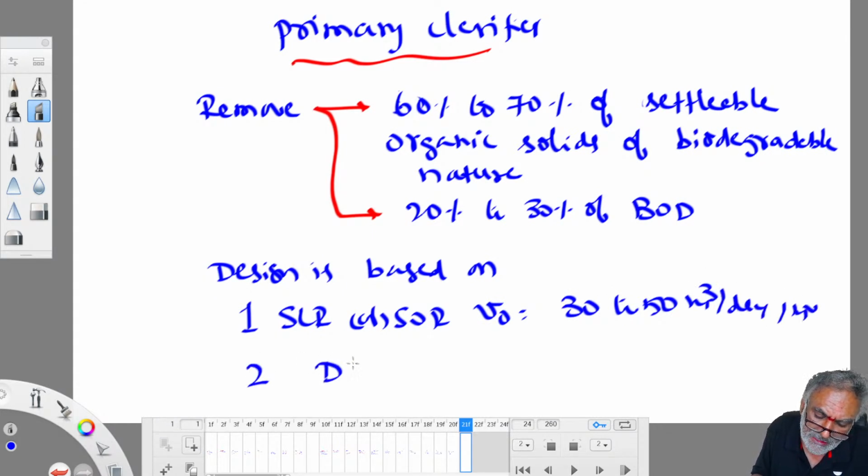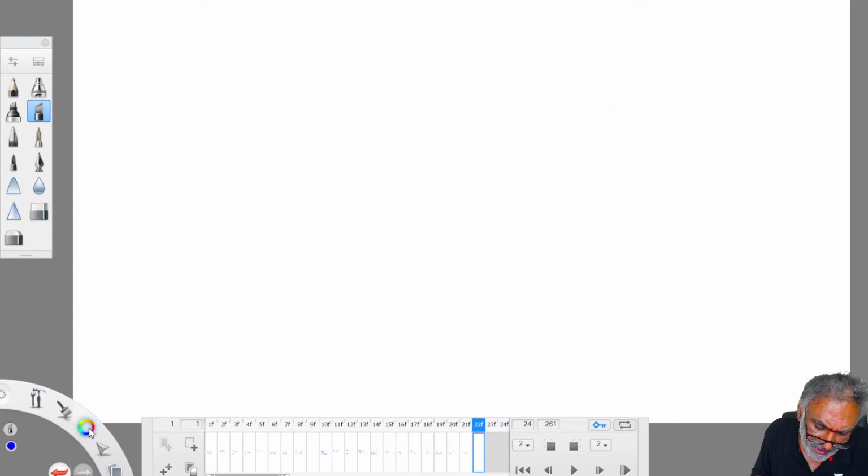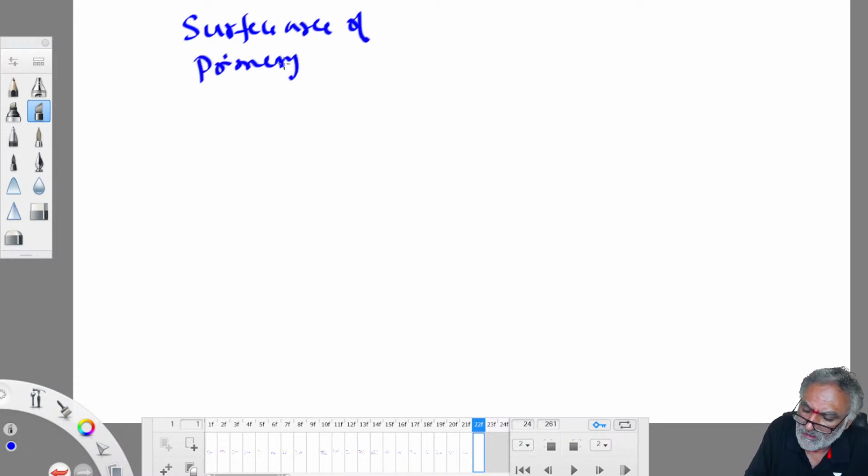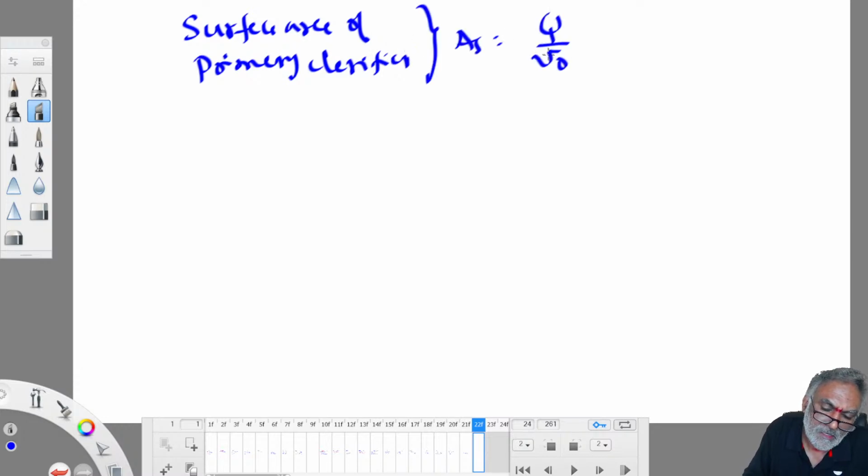The second is detention time, 1.5 hours to 2 hours, more than sufficient to capture them. Using surface loading rate you can find the surface area of the primary clarifier, and using detention time you can find the volume. That's all. Volume by surface area will give depth.